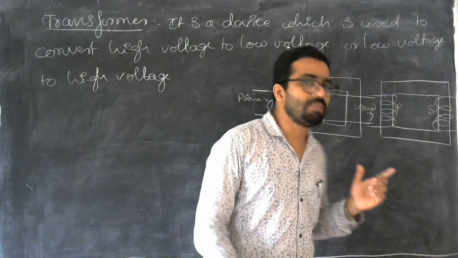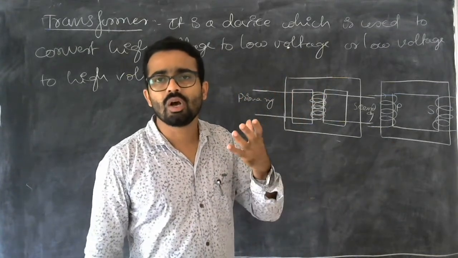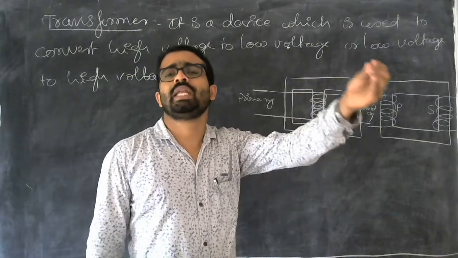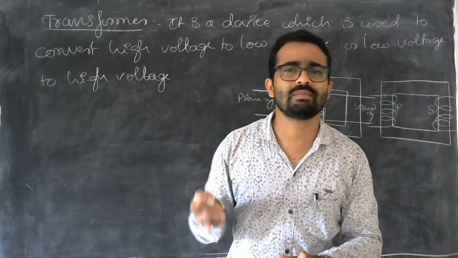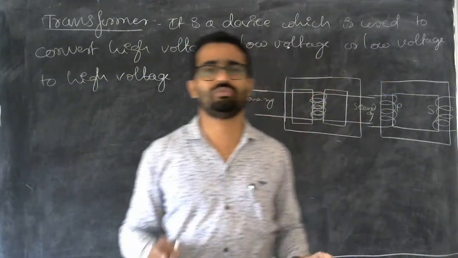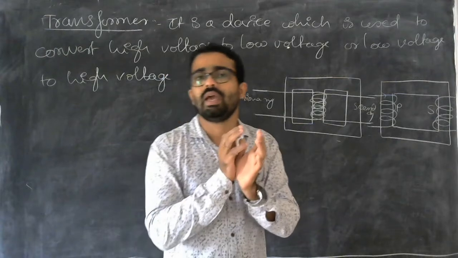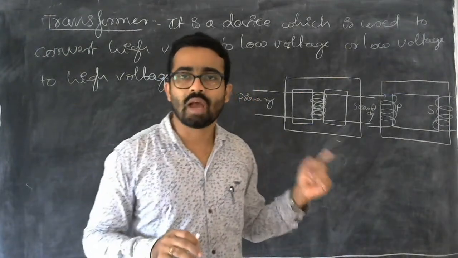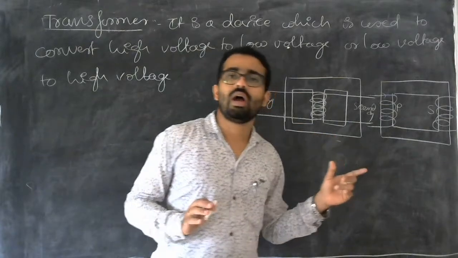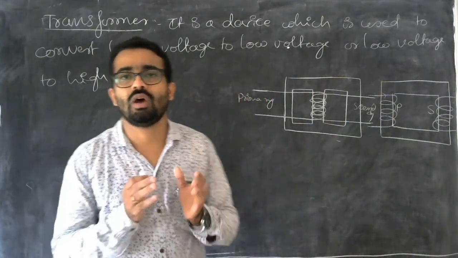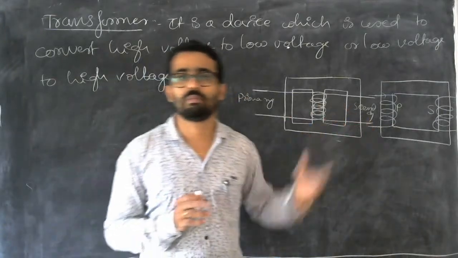Then another concept is eddy currents. Eddy current means when a bulk piece of material, a large piece of material, is subjected to changing magnetic flux, an EMF will be induced, due to which current will flow. Again, that will heat it up, and energy will be lost. In the ideal transformer case, there is no formation of eddy current in the body.